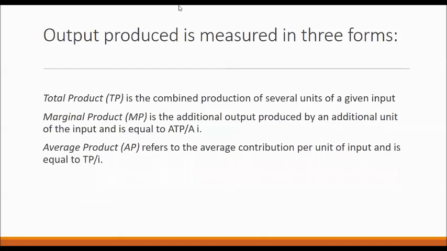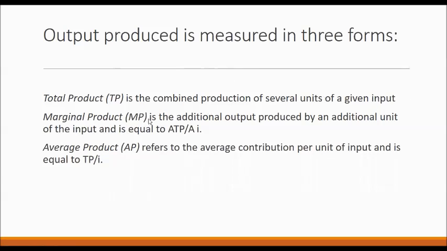Okay, so we have here the output produced, which is measured in three forms: the total product, the marginal product, and the average product. Take note that the total product is the combined production of several units of a given input. So this is more of the number of products based on the given input.